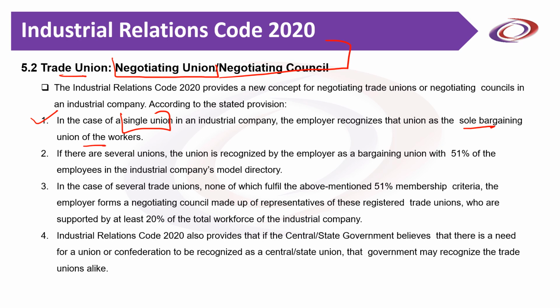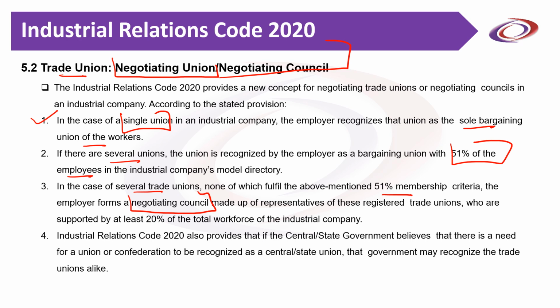If, however, more than one union is working, then the employer will recognize a bargaining union that has 51% of its employees. In case of several trade unions, none of which fulfill the 51% membership criteria, the employer forms a negotiating council.